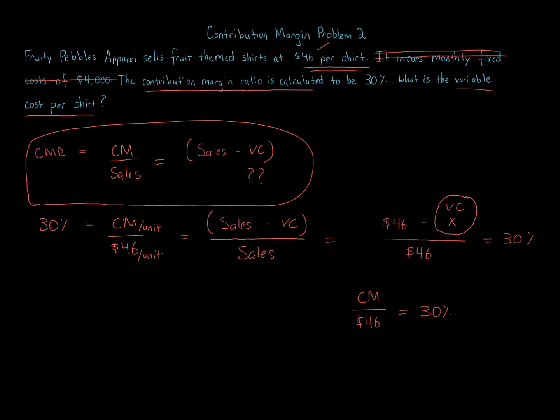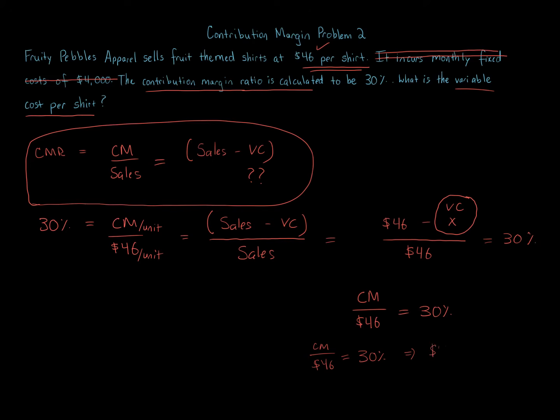So that means the contribution margin is 30% of the sales amount, because that calculation equals 30%. The contribution margin number on the top divided by 46 will equal 30% or 0.3.